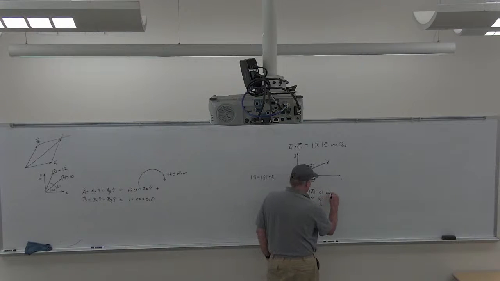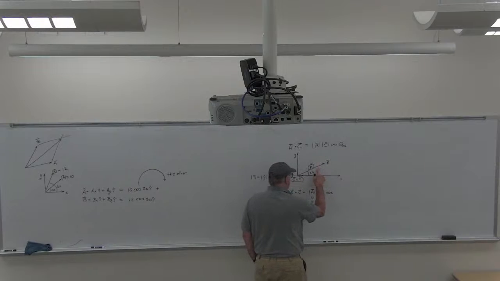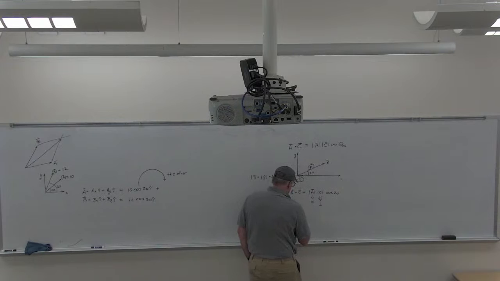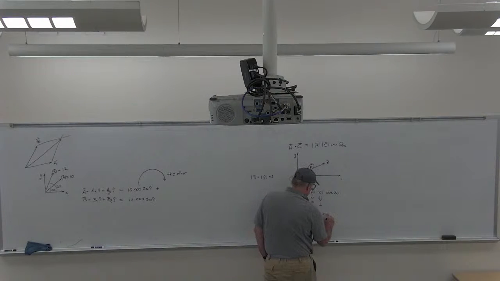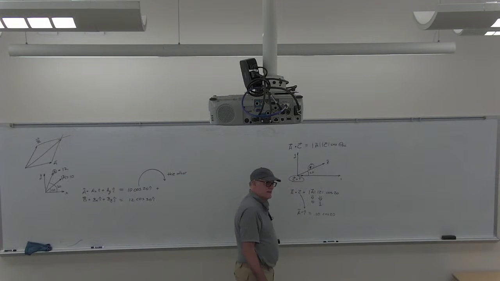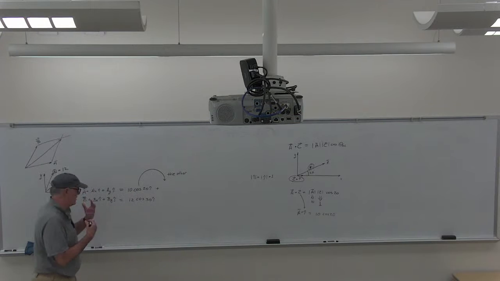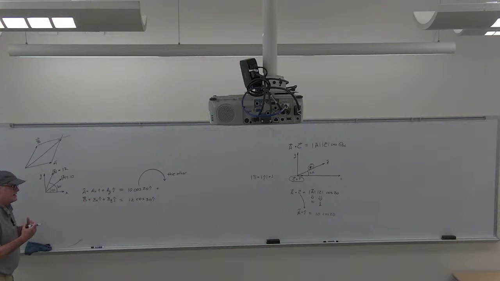And then the cosine is of the angle between A and C, or 20. So if I replace it, I get 10 cosine of 20. To me, I see this as a projection. This is the way I see things, and we're going to use dot products a lot later anyway.